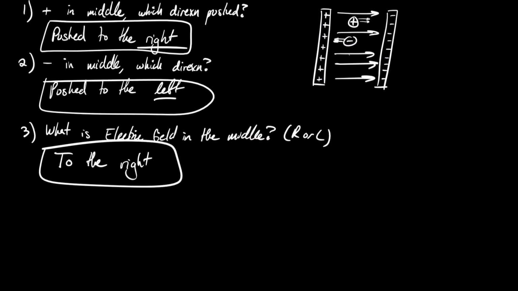Now, as a side question here, let's wonder, does it make sense that the negative charge moves against the electric field? Well, yeah, absolutely. If you want to view it as the charges creating the electric field, the electron, as we answered in number 2, hates being next to the negative guys, and it loves being near the positive guys. So, of course, it wants to go to the left.